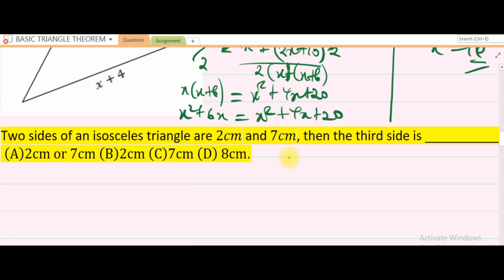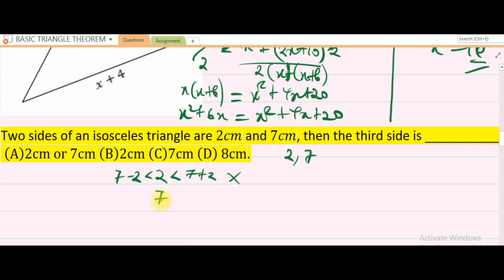So assuming the possible answers are 2 and 7. If it were 2, putting 2 as the third side, so remaining 7 plus 2 and 7 minus 2. You notice that this is wrong because 5 is not less than 2.